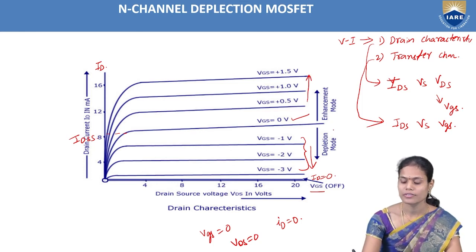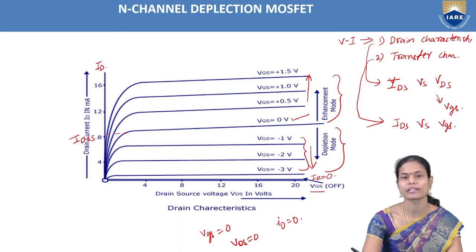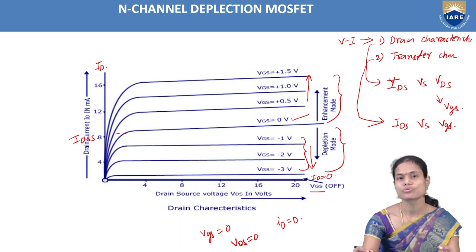So this region we can call the depletion mode region, and this region we can call the enhancement mode region. And when VGS is equal to 0, it will provide the constant current. So the MOSFET is providing all types of current here: constant current, increasing current as well as decreasing current.